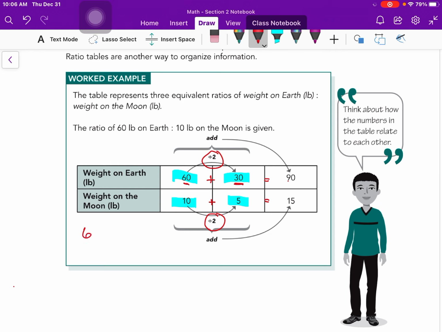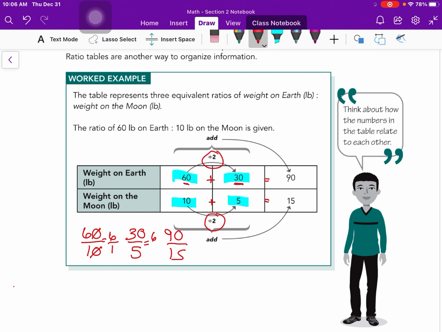Here's another thing I want to point out. If we write down these original ratios like this, 60 to 10, 30 to 5, 90 to 15, and if we treat them like fractions and we simplify them, every single one of these simplifies. Divide by 10.